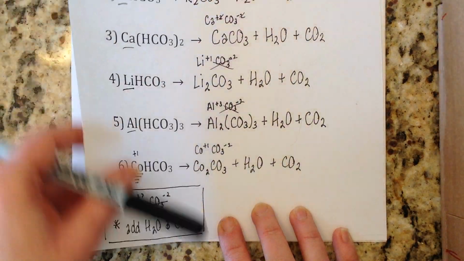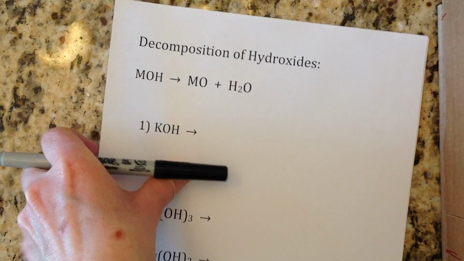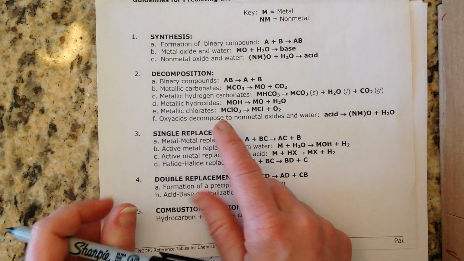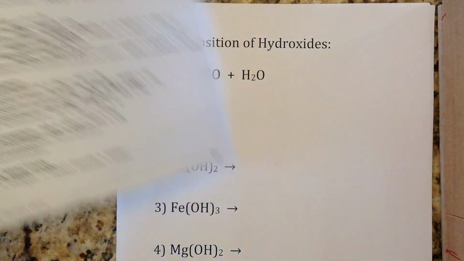So now we're going to move on to another type of polyatomic ion. The good news is you're not going to have to learn this process for every polyatomic ion. Some of my students might have been shuddering a little bit thinking that was coming, but there's only a few of these we're going to have to do. And again, the good news is you don't even have to memorize it. All you have to do is look in your reference table packet, and there's the rule.